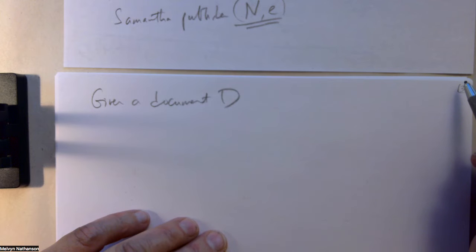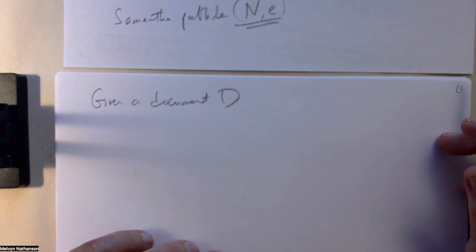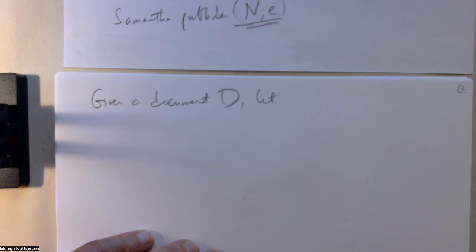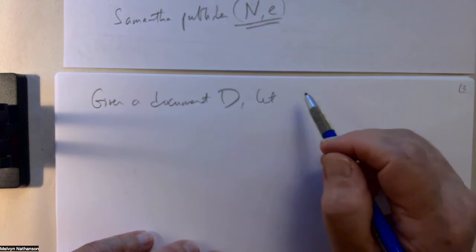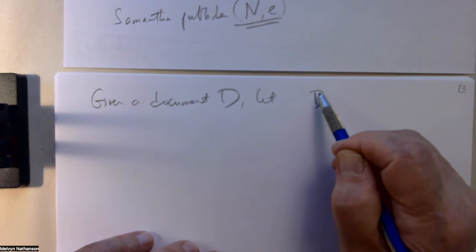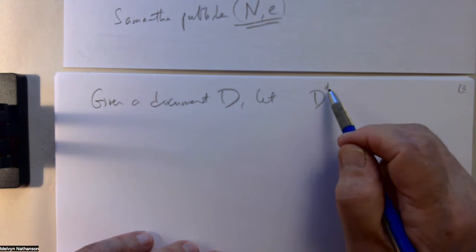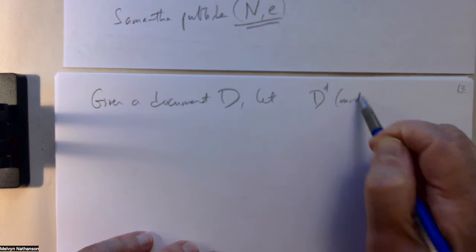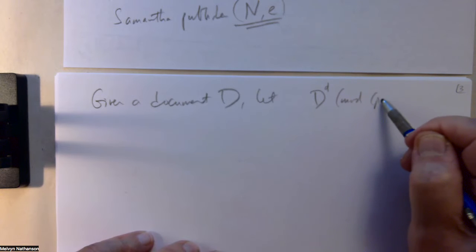So given a document D, some big number, Samantha signs it by computing D, capital D, to her little secret number d, mod (P minus 1)(Q minus 1).